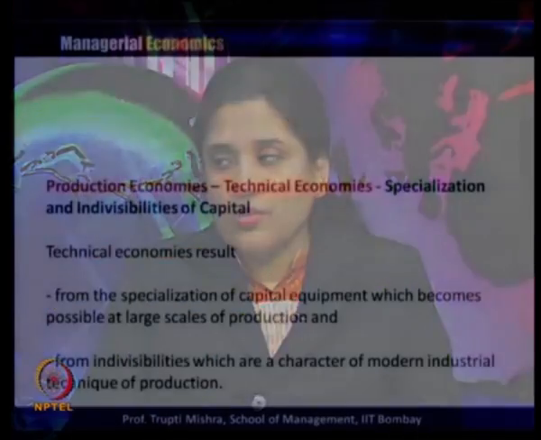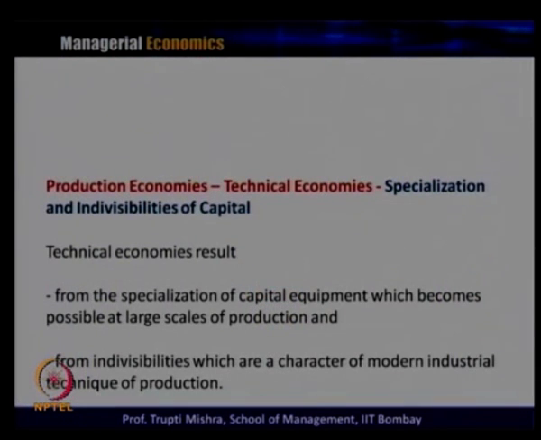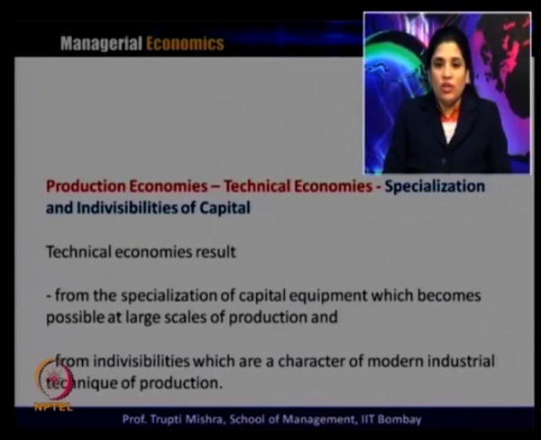What is the first factor? The first factor is the specialization and indivisibility of capital. Technical economies result from the specialization of capital equipment, which becomes possible at a large scale of production, and from the indivisibility which is a characteristic of the modern industrial technique of production.